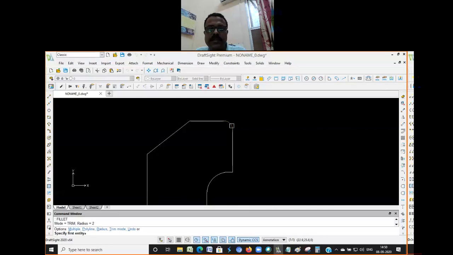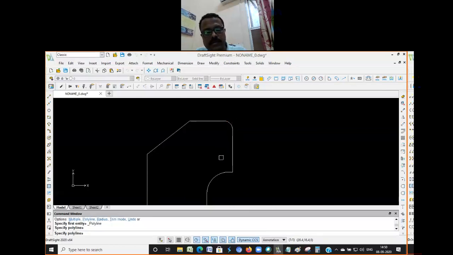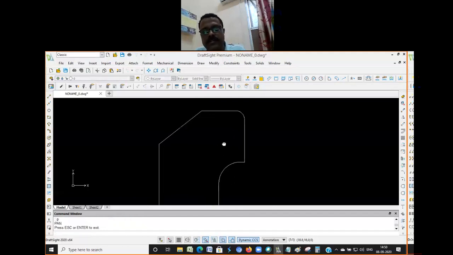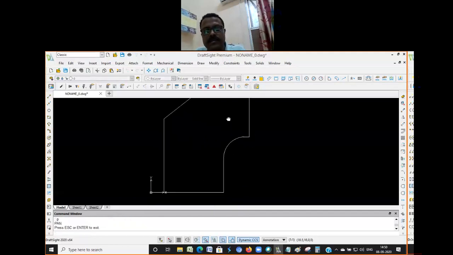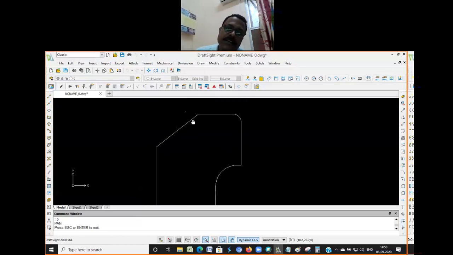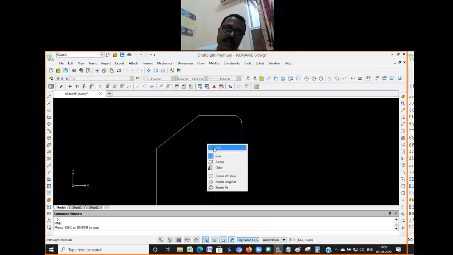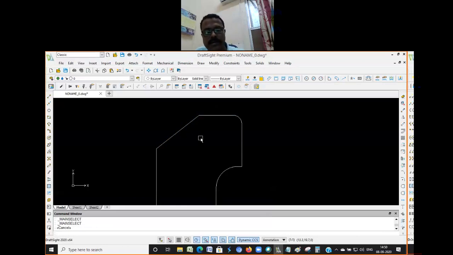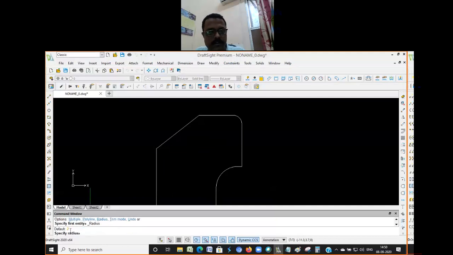Now you see, it has a round shaped corner. This is how I fillet. Similarly, I can also fillet this edge, this line and this line. Again, fillet radius by default is 2, make it 3. Now this line and this line. So you see this is smoothed out.